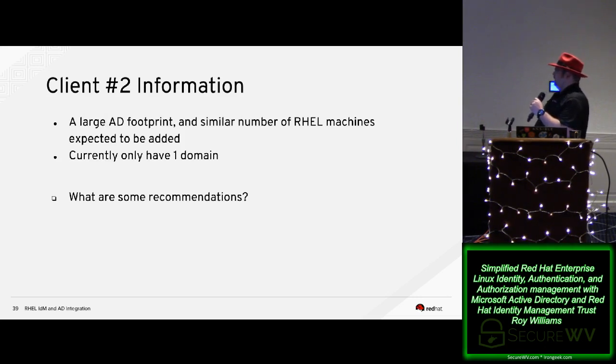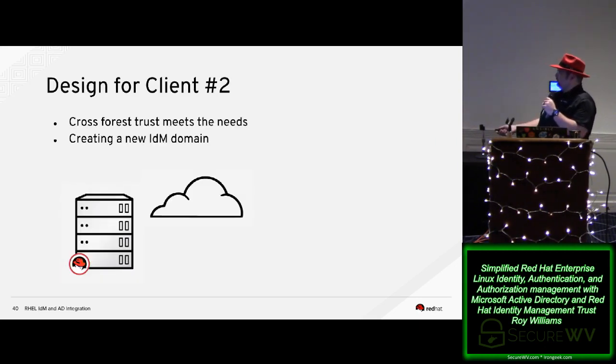Client 2 has a large AD footprint again. They already have a lot of RHEL machines, and they only have the one domain. Some recommendations for them: we can do the cross-forest trust, but we have to create a new domain for IdM.